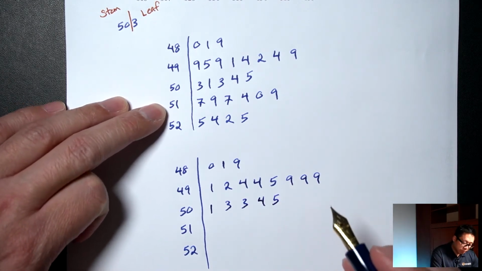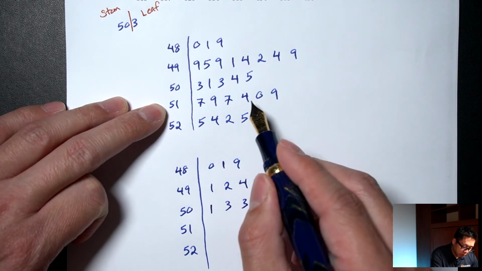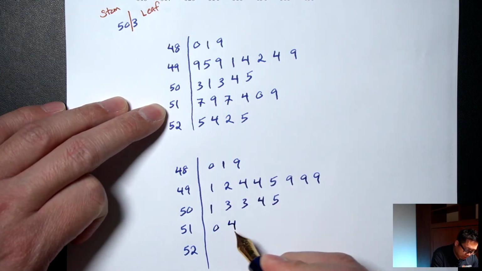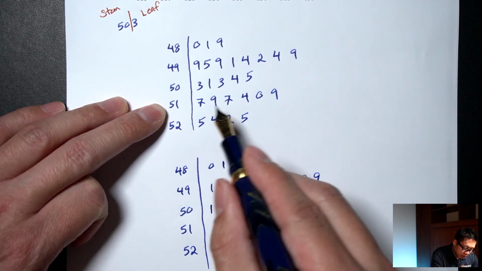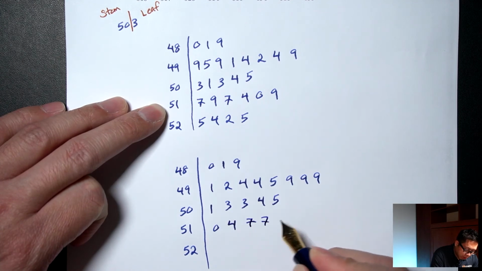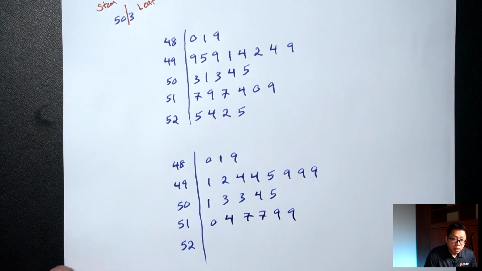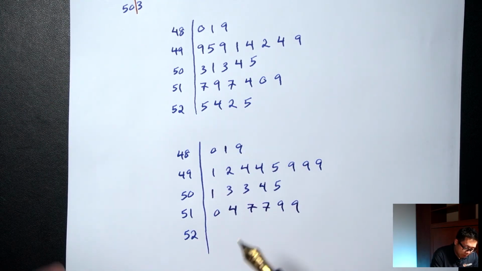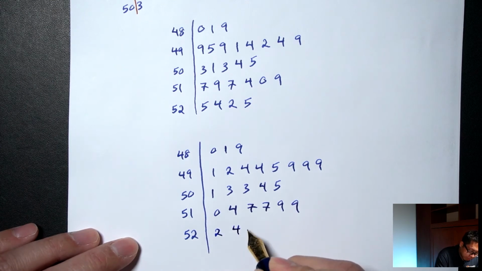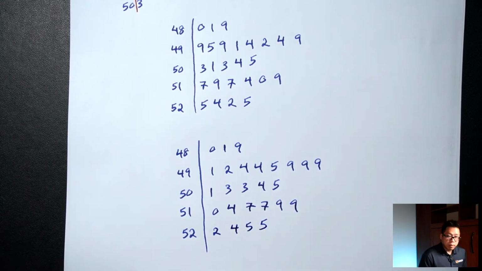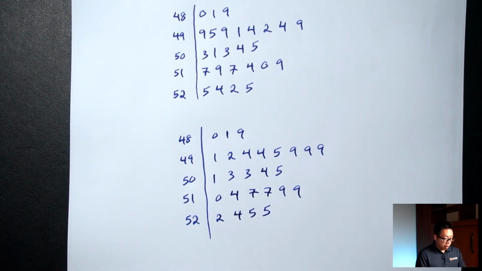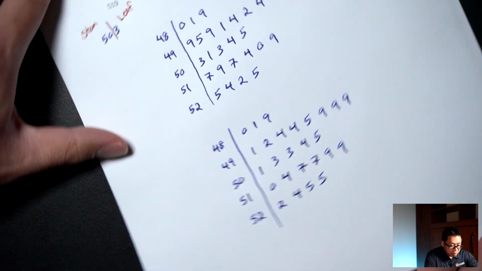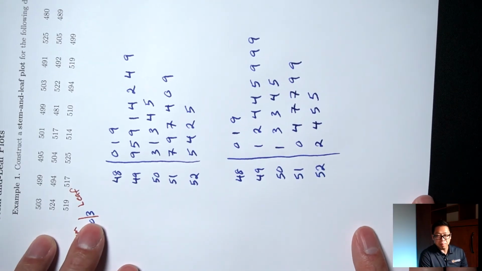For the 51, I have 0, 4, 7 7, and then 2 9s. And then finally for the 52, 2, 4, 5 5. And that's how you make a stem and leaf plot. If you turn it sideways, it basically looks like a histogram.